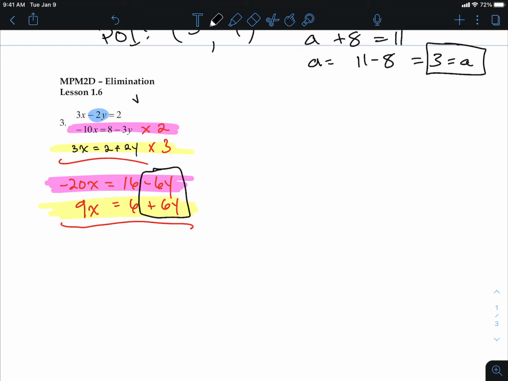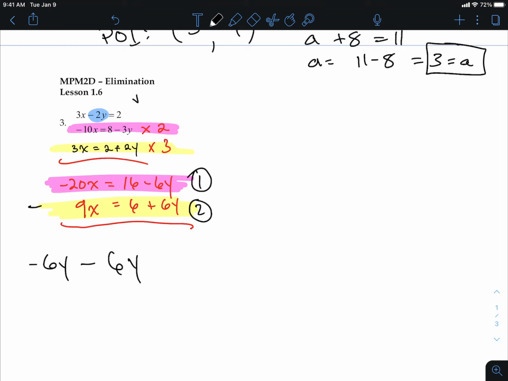That's the whole point. It's at this stage now. What am I going to do? You need to pick, and this is why I said from the beginning, you're going to pick an order of operation. It might not always be subtraction. What would happen if I subtracted, let's call this 2 and 1. What would happen if I subtracted 2 from 1? I'm going to get negative 6y minus 6y.